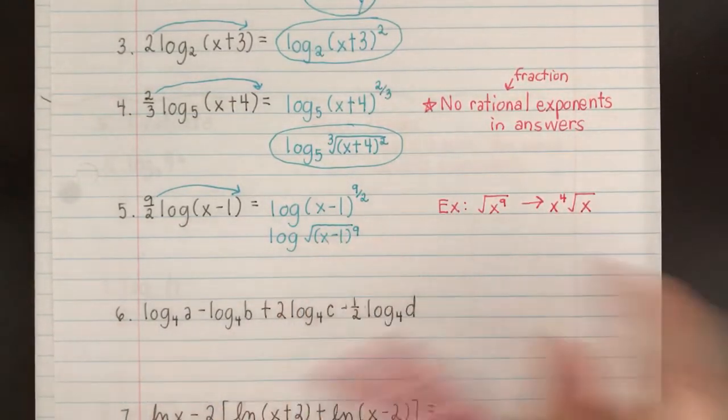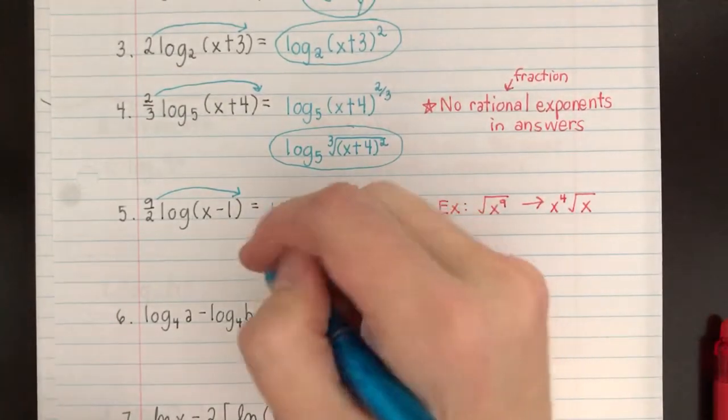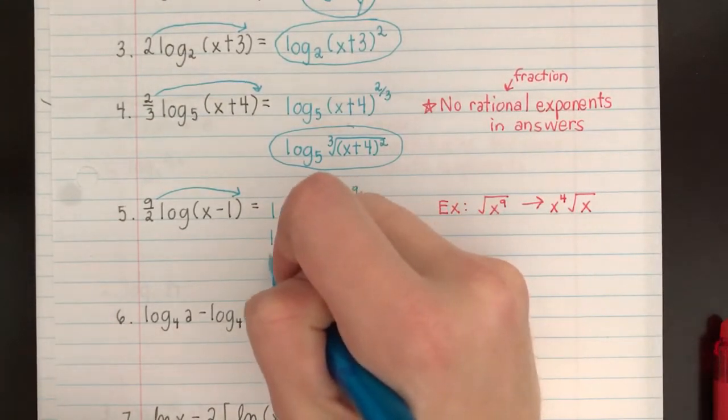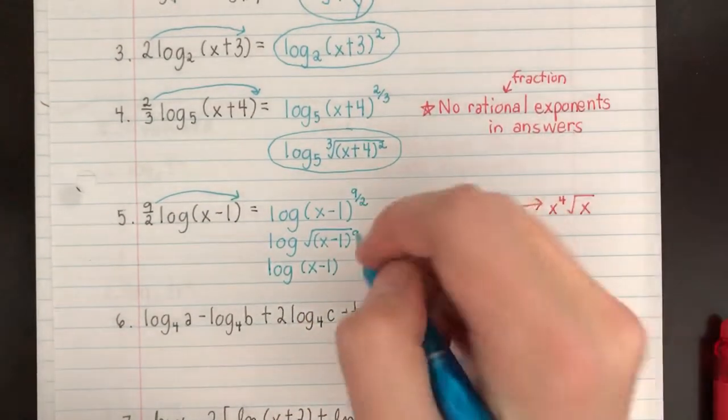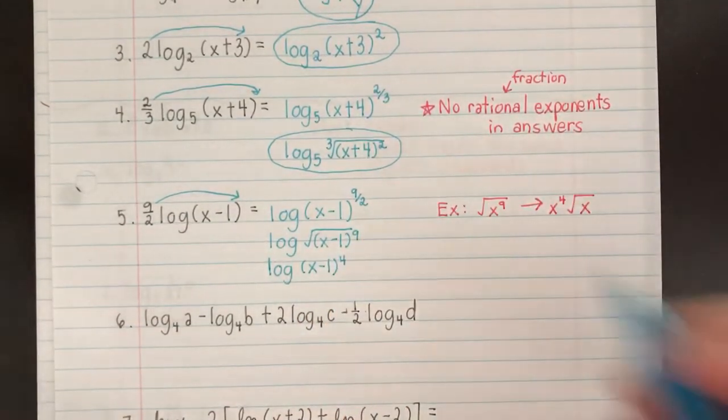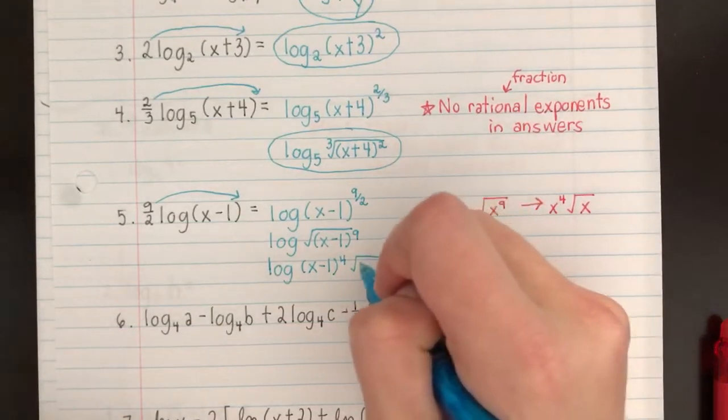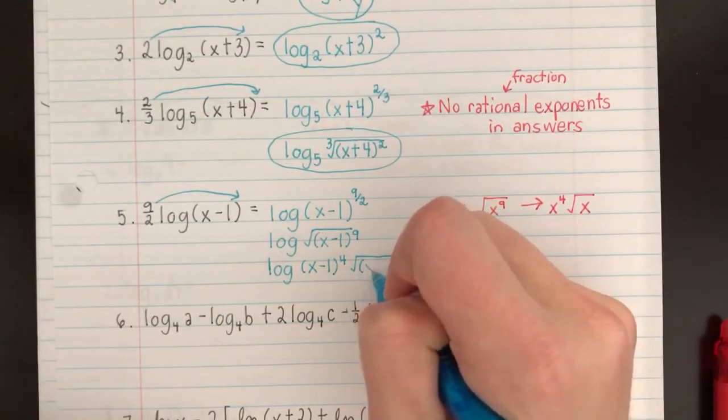Similar here, you can take out, so this would be log, okay, you'd have x minus 1 to the 4th can come out, square root of x minus 1 on the inside.